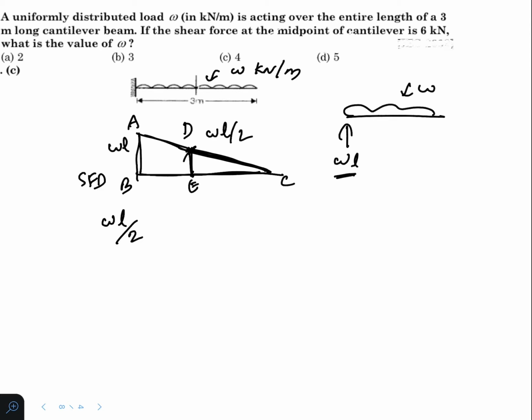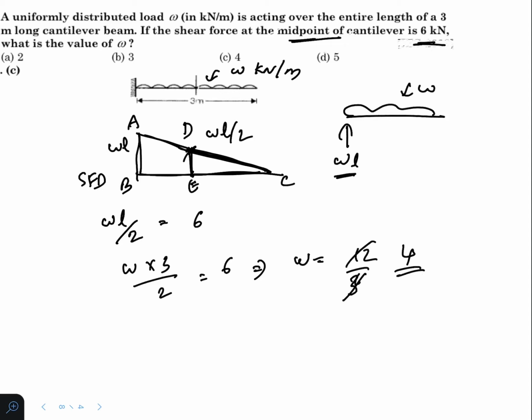From that we will have DE is equal to WL by 2. So we have given WL by 2 as 6 kilonewton. The shear force at the midpoint is 6 kilonewton. So WL by 2 is 6 kilonewton. And we already have length as 3. So from this we will have W is equal to 12 by 3, that is 4. So option C, 4, is the correct answer.